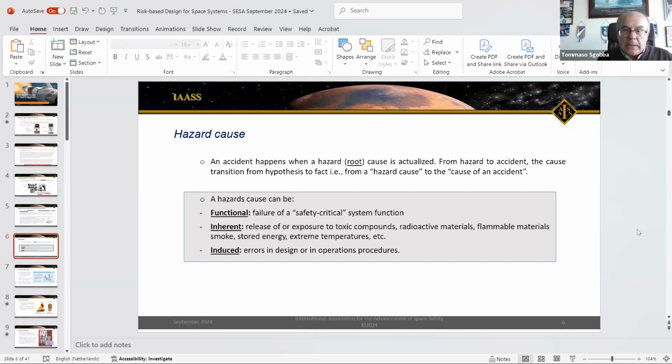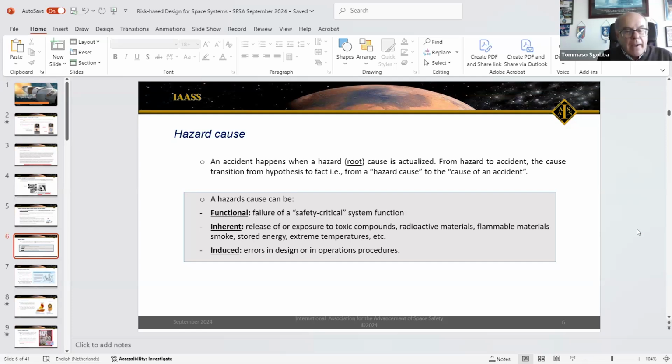And this is one kind of hazard cause. The other is the so-called inherent hazard causes. There are on space systems usually toxic compounds, flammable materials, sometimes also radioactive materials, part of experiments, for example.